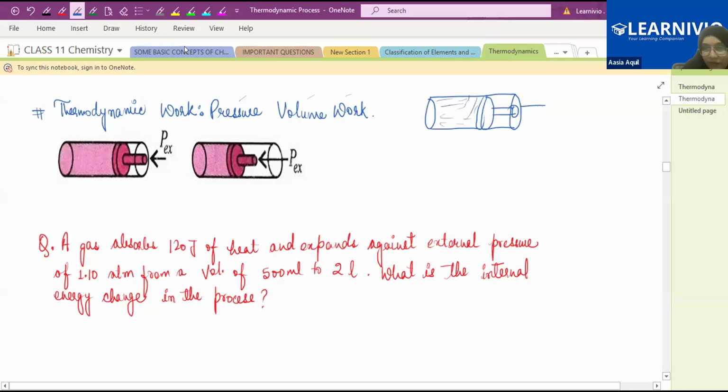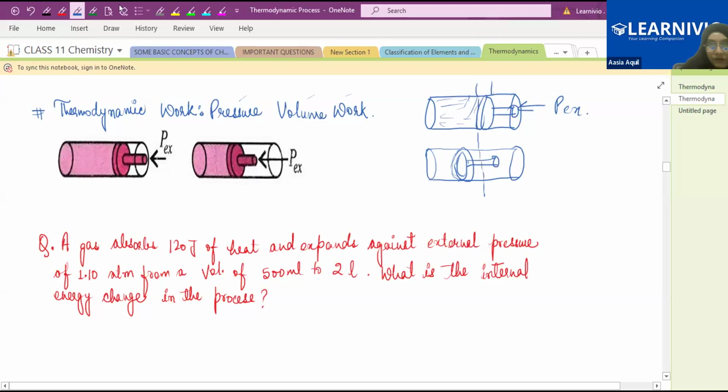And if you are applying P external, this is P external. Now in the second step, what will happen here? Now when you apply pressure, the volume decreases and your piston moves here. Now this is your final movement. So that is your P external.